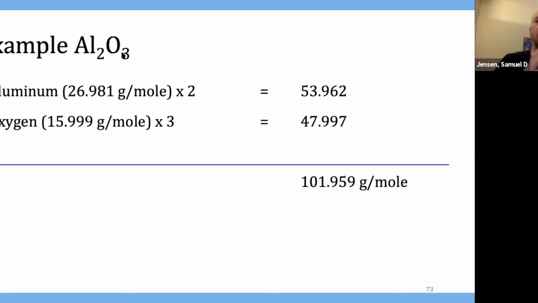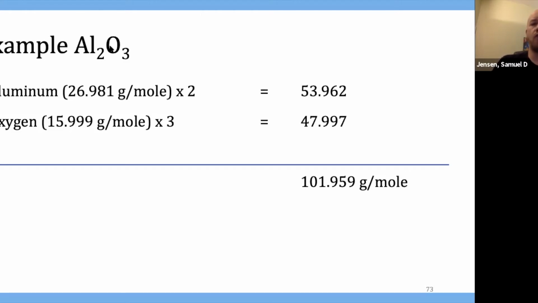So this is where I was saying last time that the nomenclature is not necessarily what I'm asking about on the test, but if I gave you a molecule and asked, what is the molecular weight for aluminum oxide, but I didn't give you the formula, you would have to put the formula together in order to calculate the molecular weight.